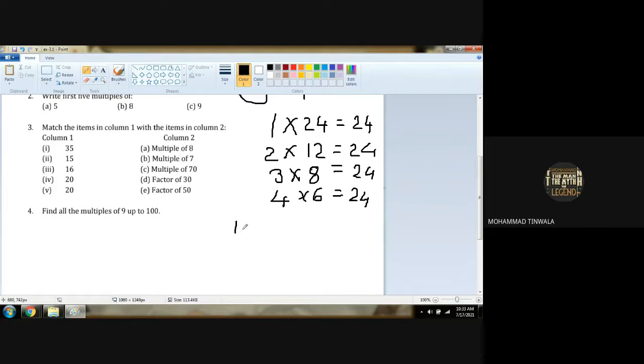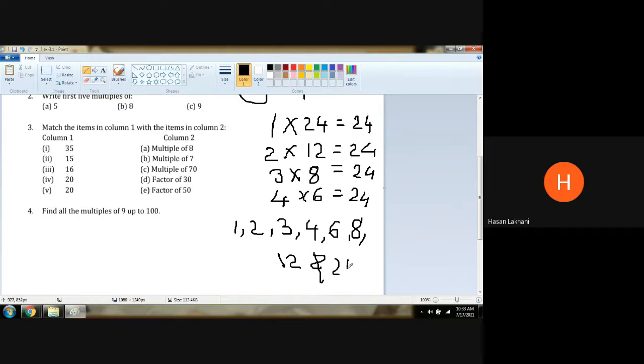Therefore, the factors of 24 are 1, 2, 3, 4, 6, 8, 12, 24.